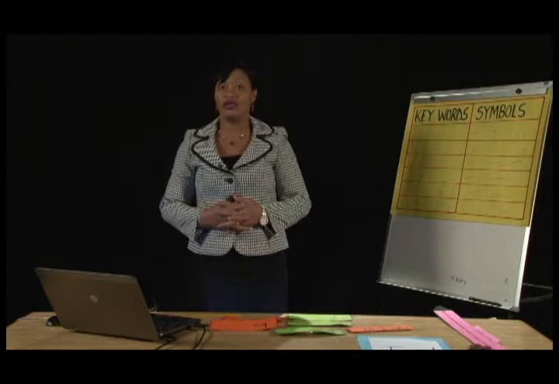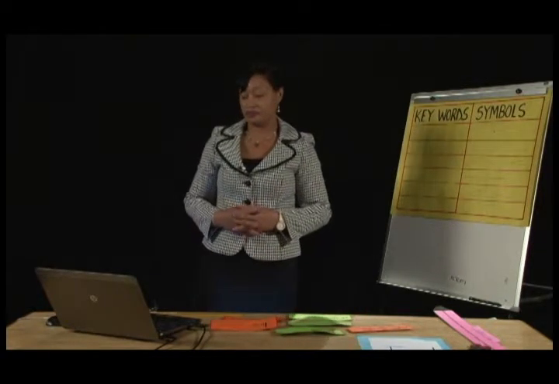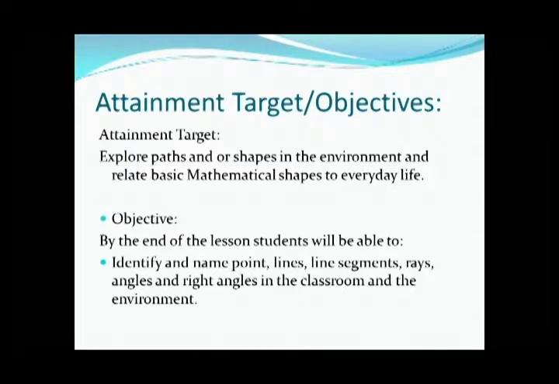Now, before we go on, let's look at our objectives for today. Our general objective or attainment target for today is that we will explore paths and or shapes in the environment and relate basic mathematical shapes to everyday life.